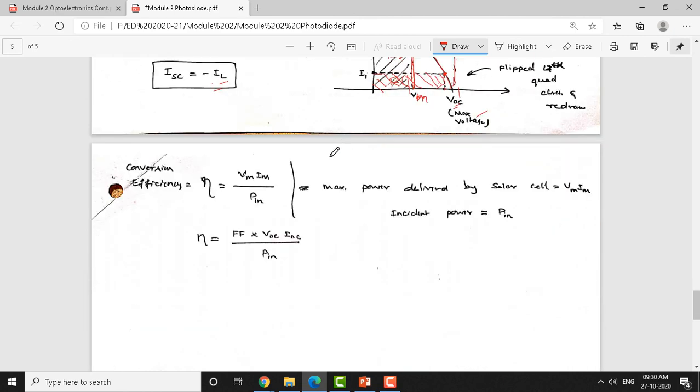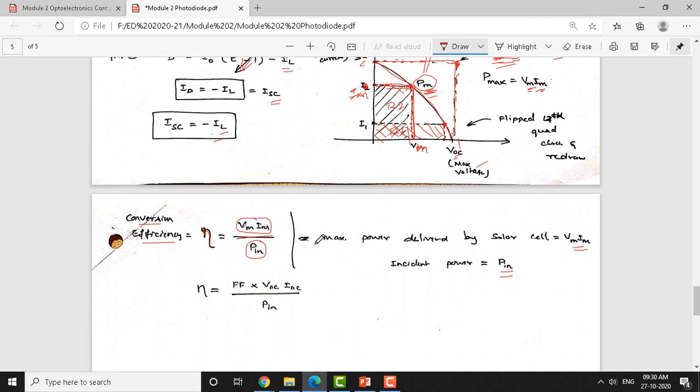Now, let us see the formula for conversion efficiency. Conversion efficiency, eta, is given by Vm into Im divided by P in. P in is the incident power. Vm into Im is the maximum power delivered by the solar cell, and P in is the incident power. We can also substitute this Vm into Im in terms of the fill factor.